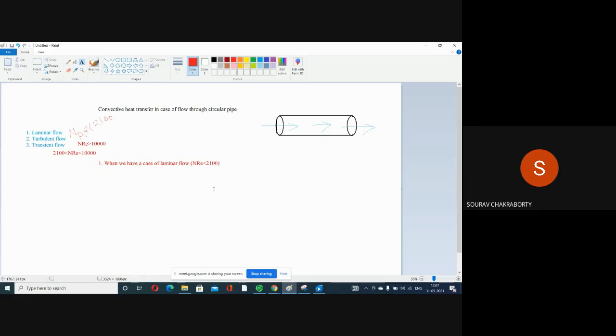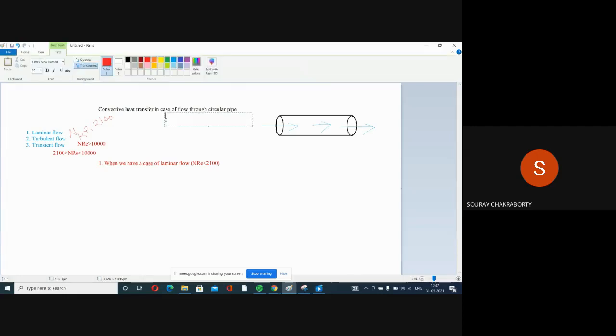The fluid is flowing and we have decided that the flow is laminar. So how do we determine the convective heat transfer coefficient? Obviously we need some standard empirical equation. What are those equations? You can write down.